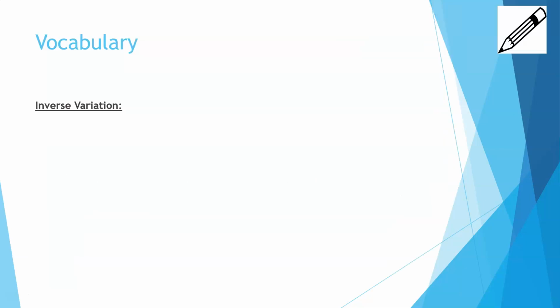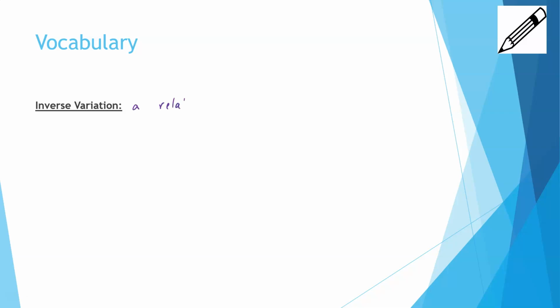Before we get too far, we are going to look at some key vocabulary. The first is inverse variation. I do want you to write this down. Inverse variation is a relation between two variables such that as one variable increases, the other decreases proportionally.